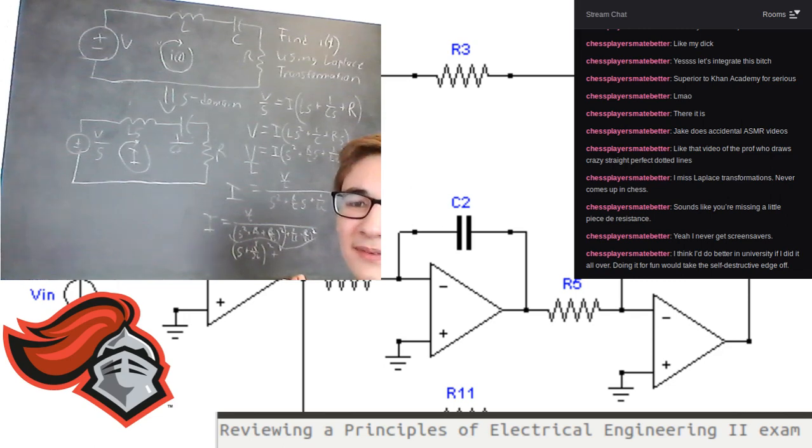S plus R over 2L, yeah. We got just 1 over LC minus R over 2L squared. And then take the square root of this, multiply it by I, you get the whole idea.